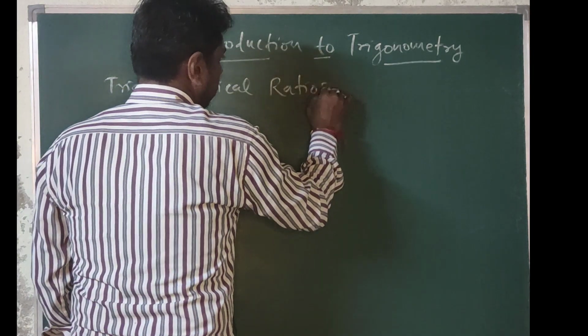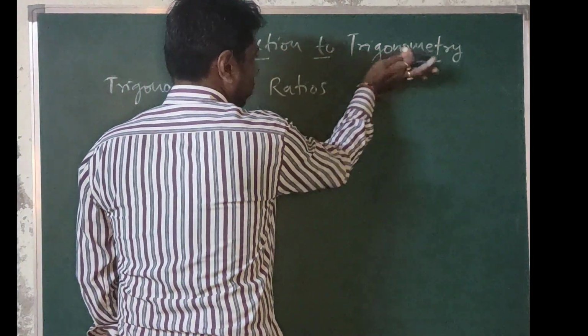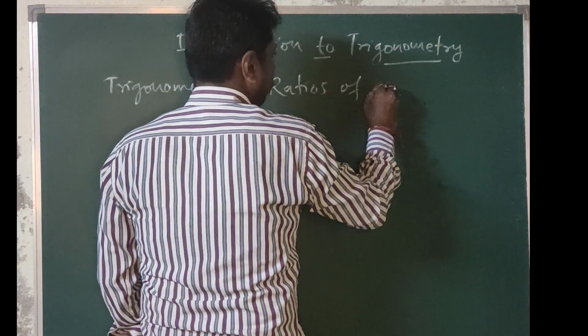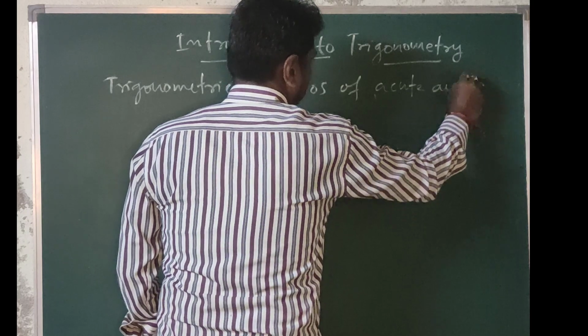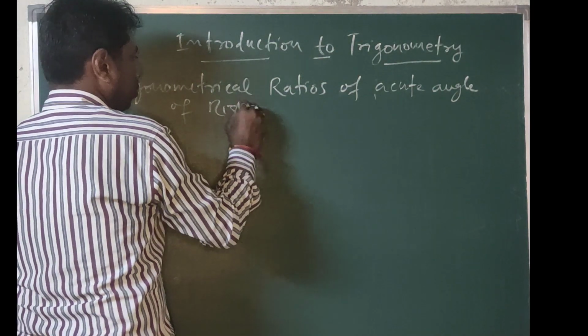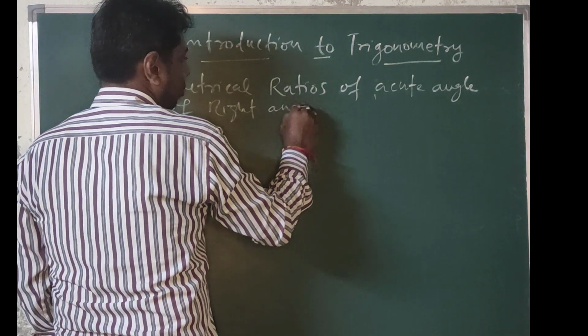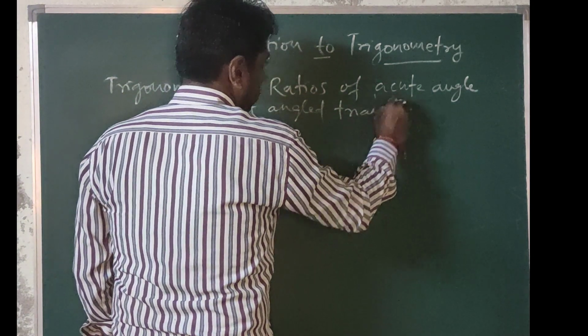Trigonometrical ratios of an acute angle of a right angled triangle.